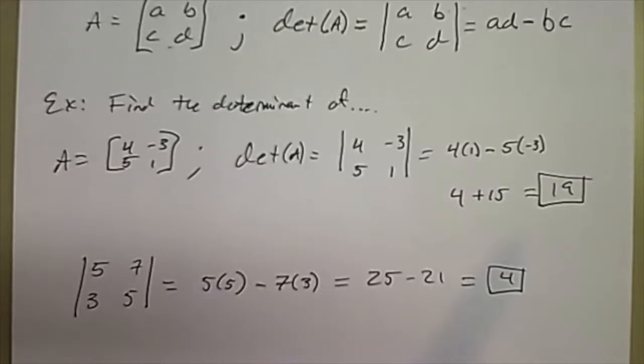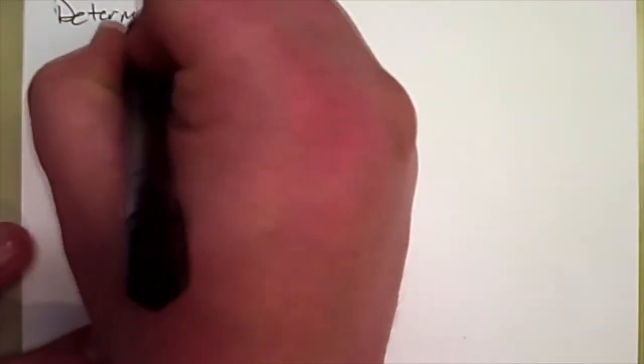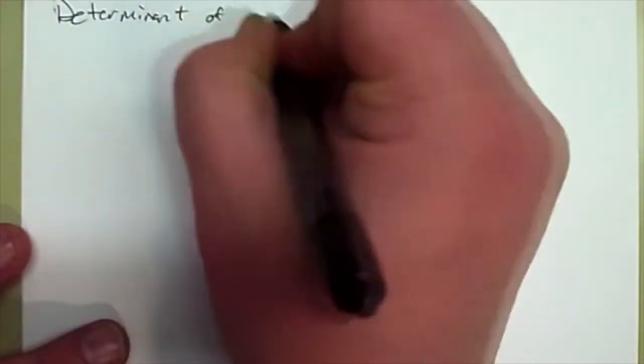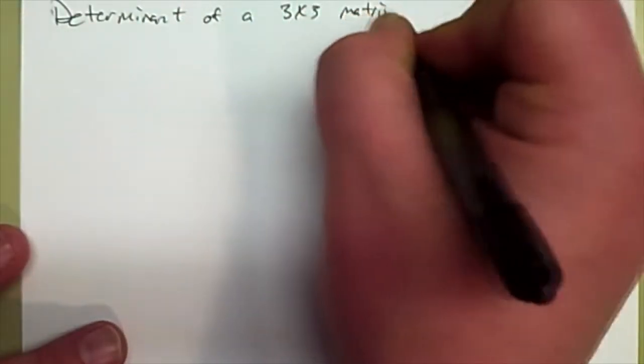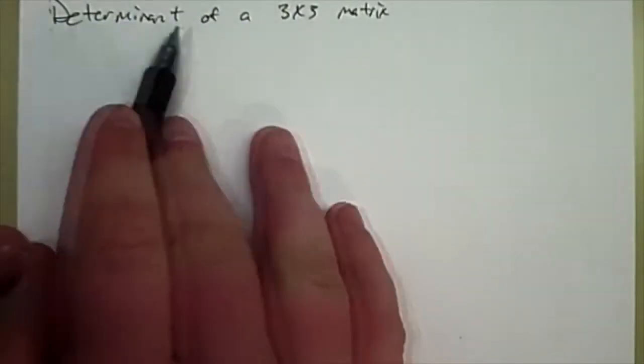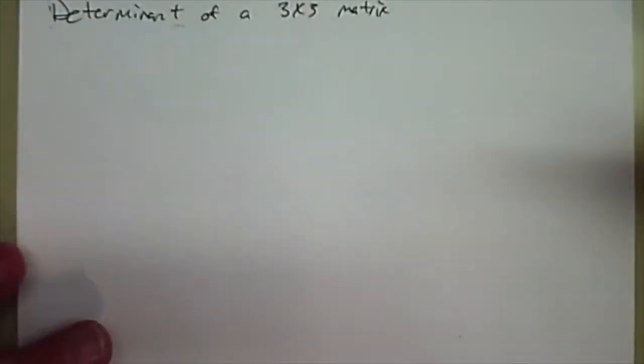Now, the determinant of a 3x3 matrix is a little bit different. It's called a determinant because it determines something.